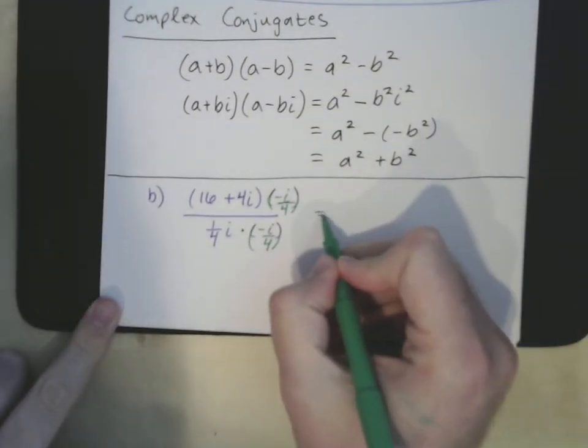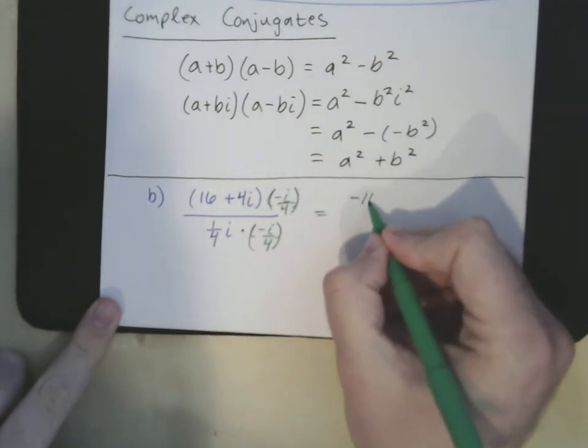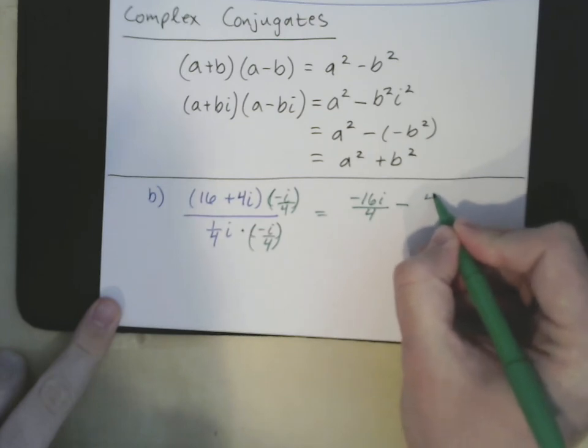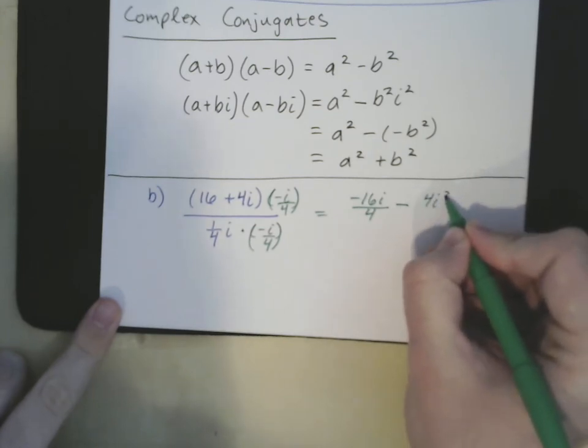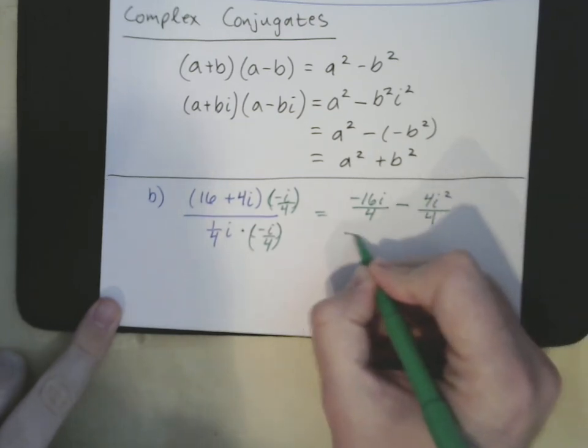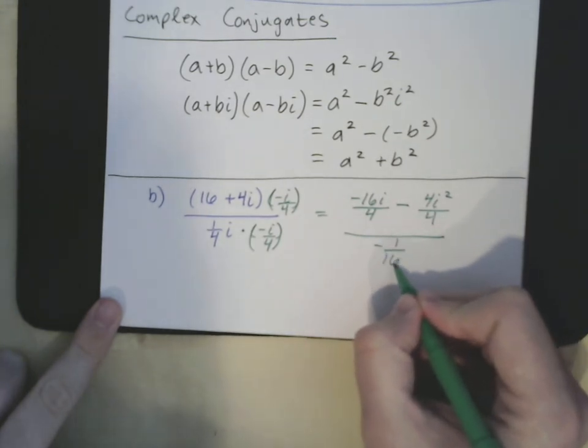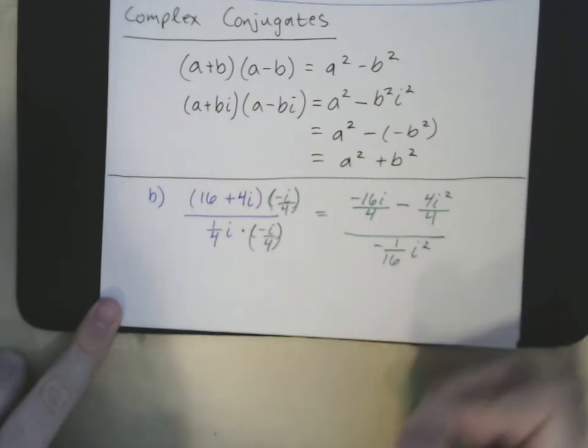So we distribute up here, we get negative 16i over 4 minus 4i squared over 4, all over negative 1 over 16 i squared.